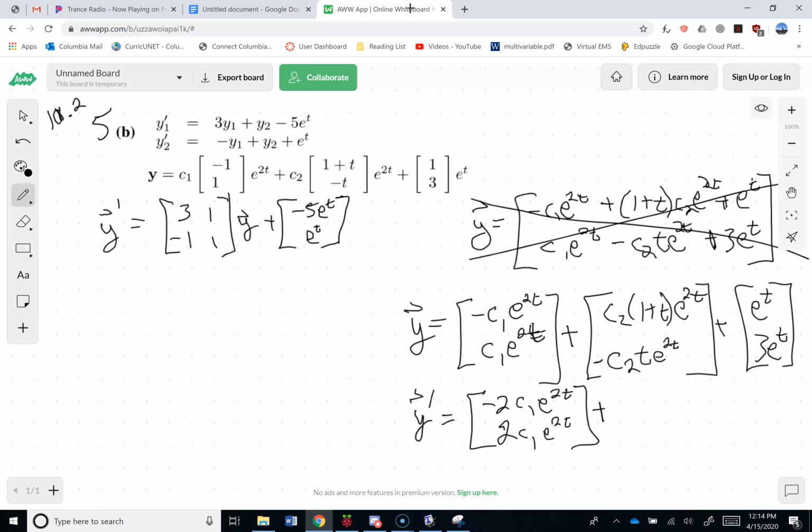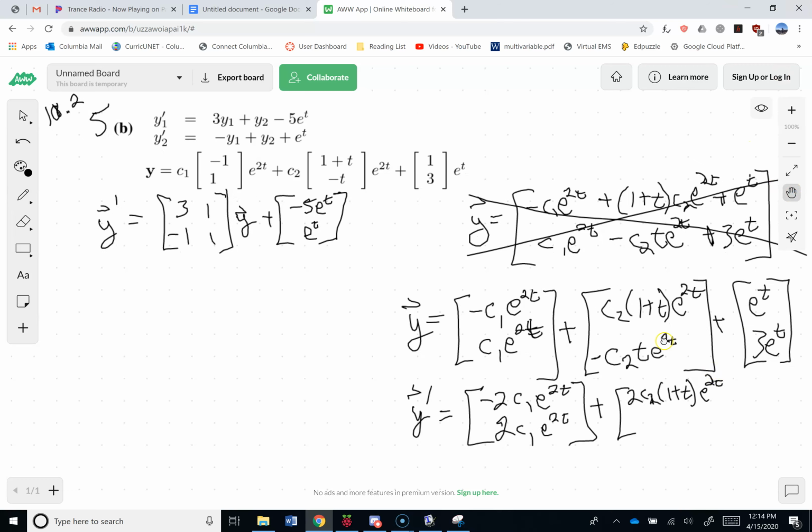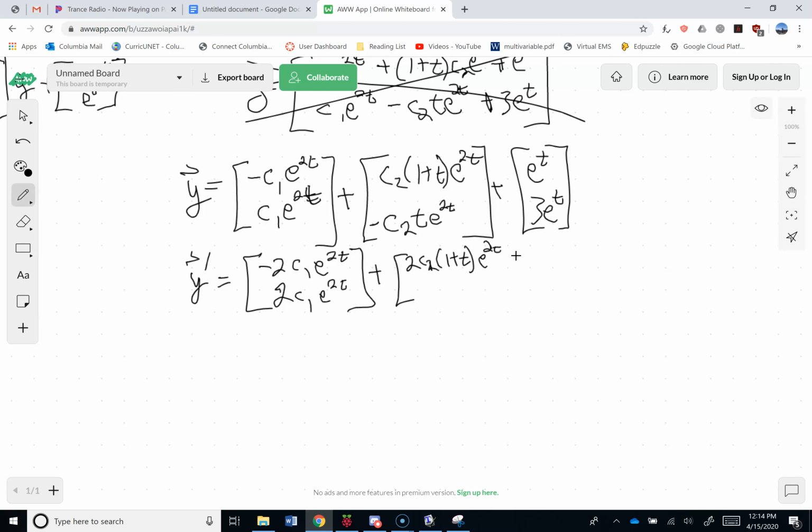And this next bit is going to be 2c2 times 1 plus t e to the 2t plus c2 e to the 2t.